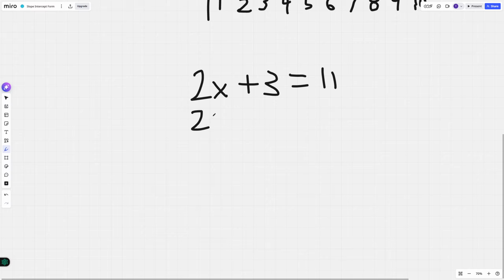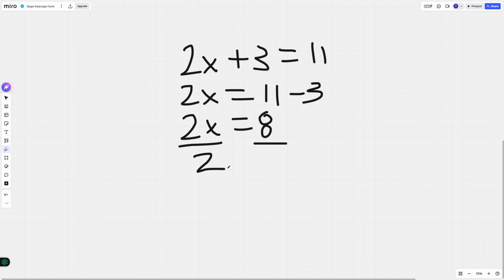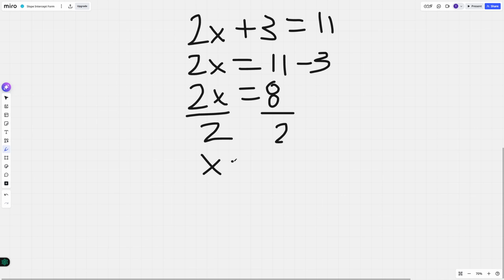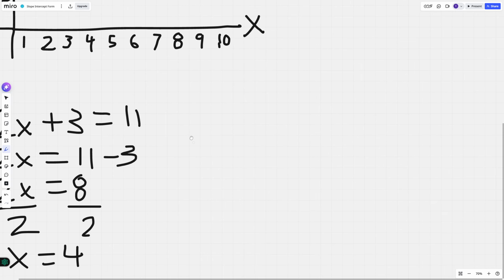We do 2x plus 3 equals 11, and we have to subtract 3. So by subtracting positive 3 by positive 3, you get 0, so there's nothing here. And here, subtract 3. So you have 2x equals 8. And then we divide both sides to isolate for x. And then x is going to be equal to 4. Just like that, with this equation, where y is equal to 2x plus 3.